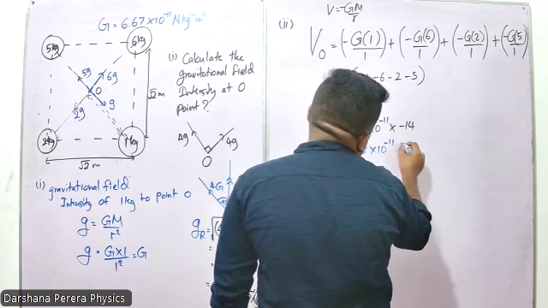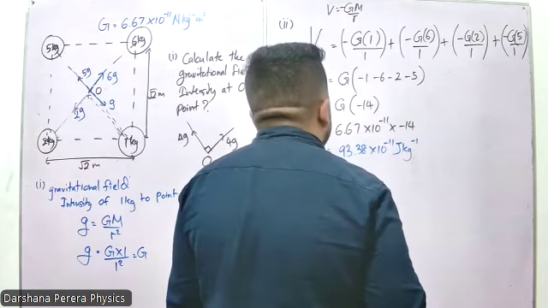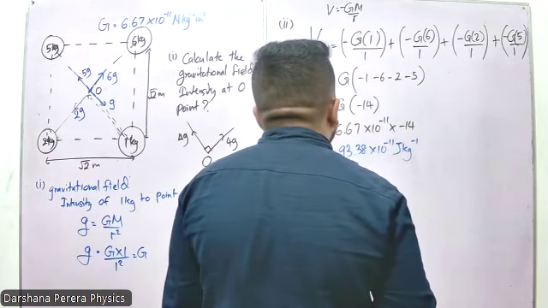What is the answer? Joule kg minus 1. Right? This is the answer.